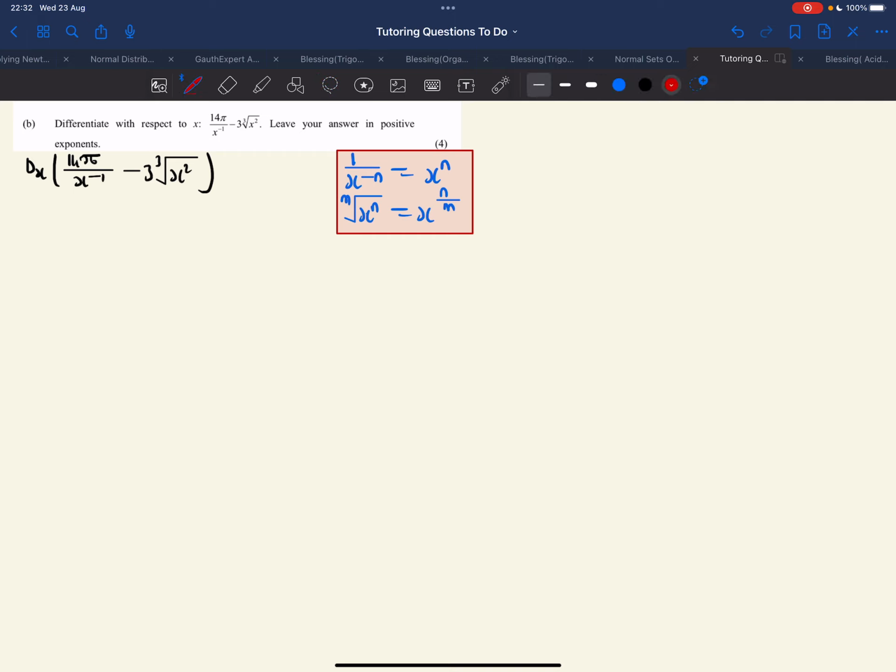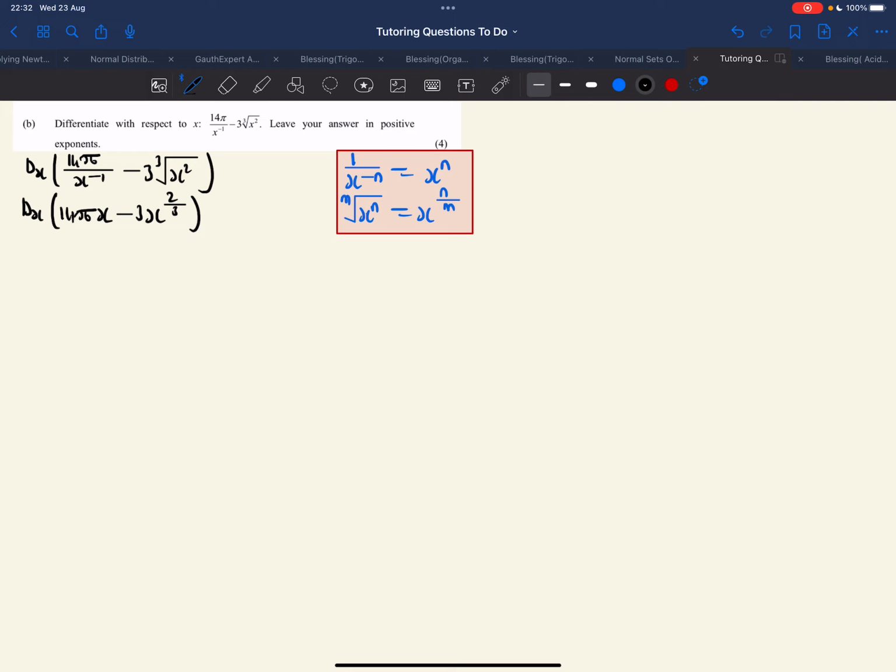So now what we're going to do is say d/dx of 14π times x to the minus 1, minus 3x^(2/3). Now from here, we can do the derivative.